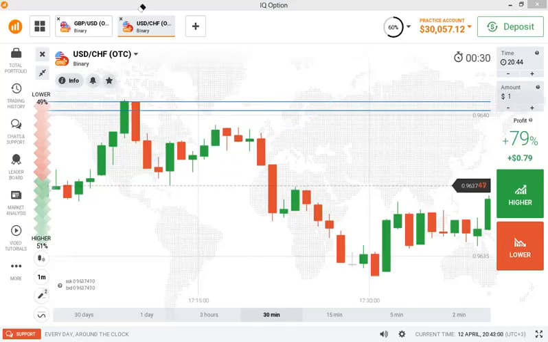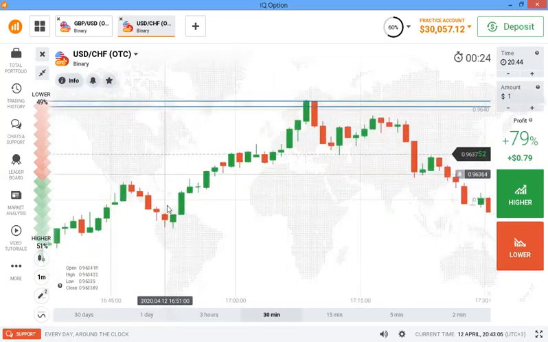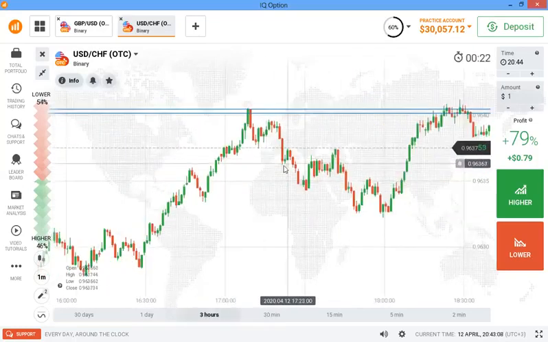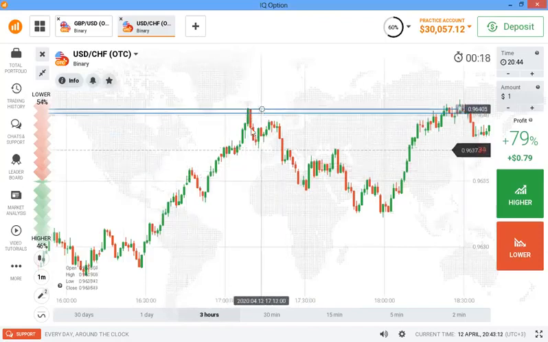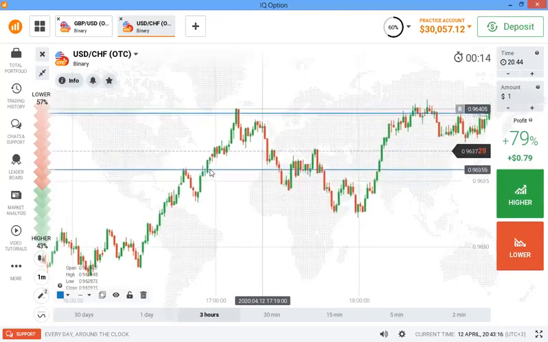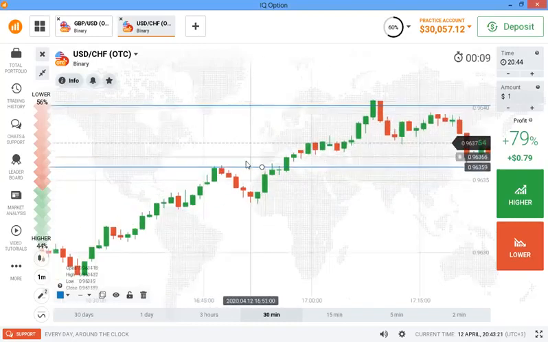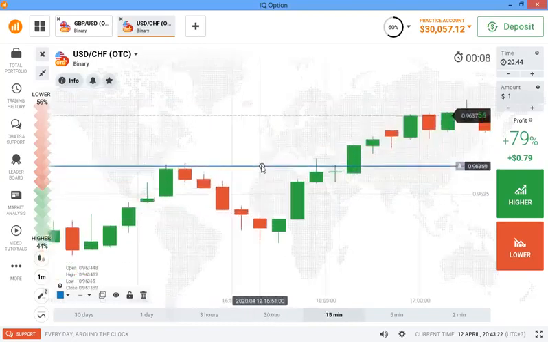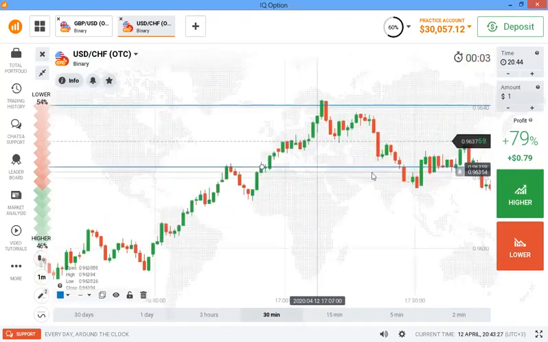So how do you now trade like this? You trade the way I explained to you. That is the first resistance here after the breakout that later became support on this level here. Here, this is a resistance level.